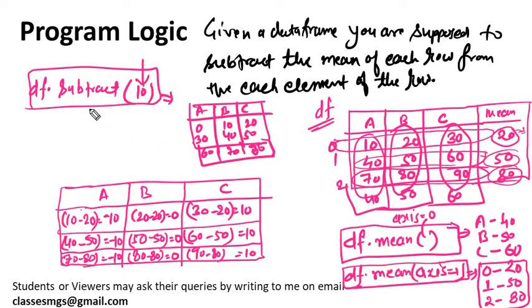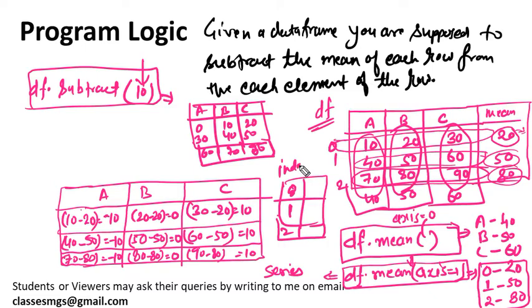Now if you want to subtract a list of values, because here df dot mean will give the row wise mean. So we need to subtract per row. The df dot mean function will return a series object that will look like this: 0, 1 and 2 will be the index, and these will be the values used as data.